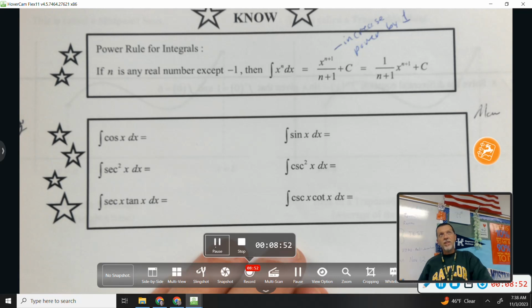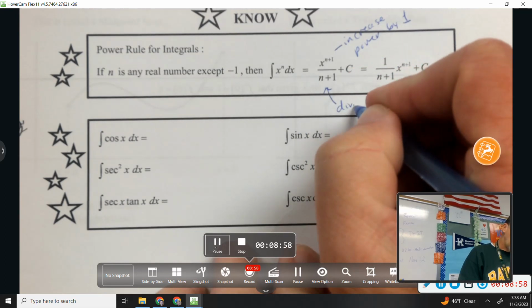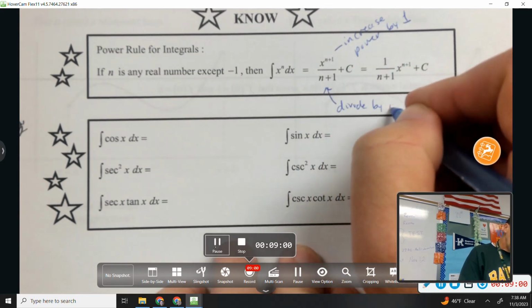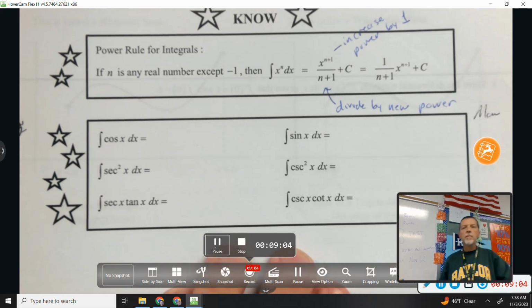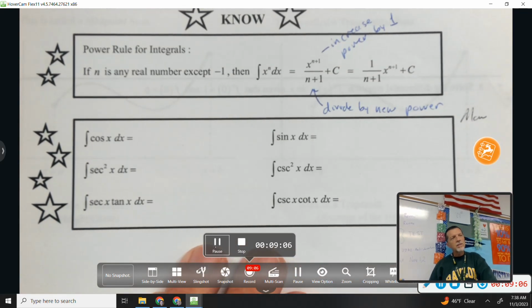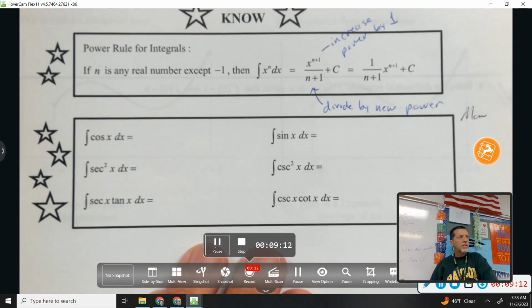And instead of multiplying by that power, that's the derivative rule, we're going to divide by the new power. Increase the power by 1, and then divide by the new power. So everything is reversed from the derivative rule. The derivative rule is multiply by the power and then decrease it by 1. The antiderivative rule is increase it by 1 and then divide by the new power.